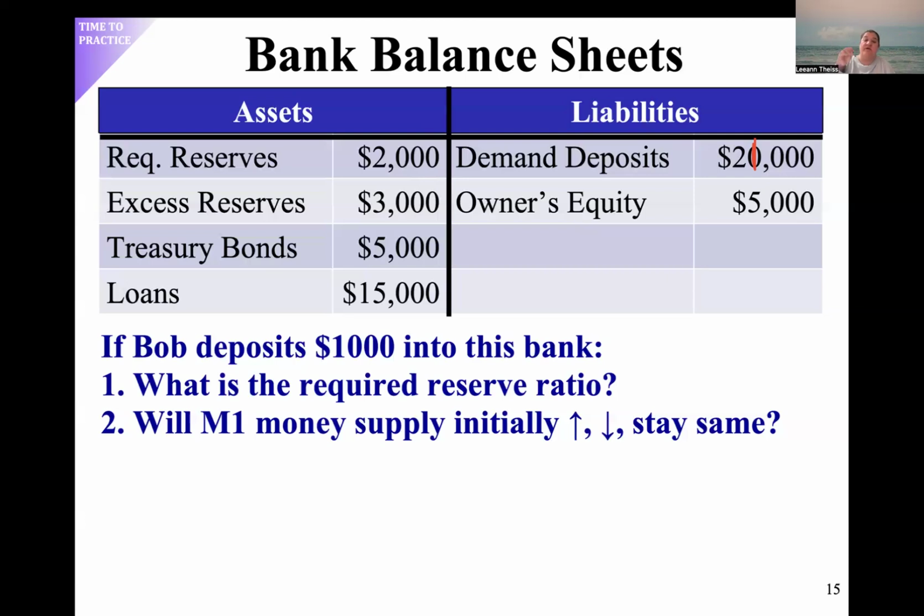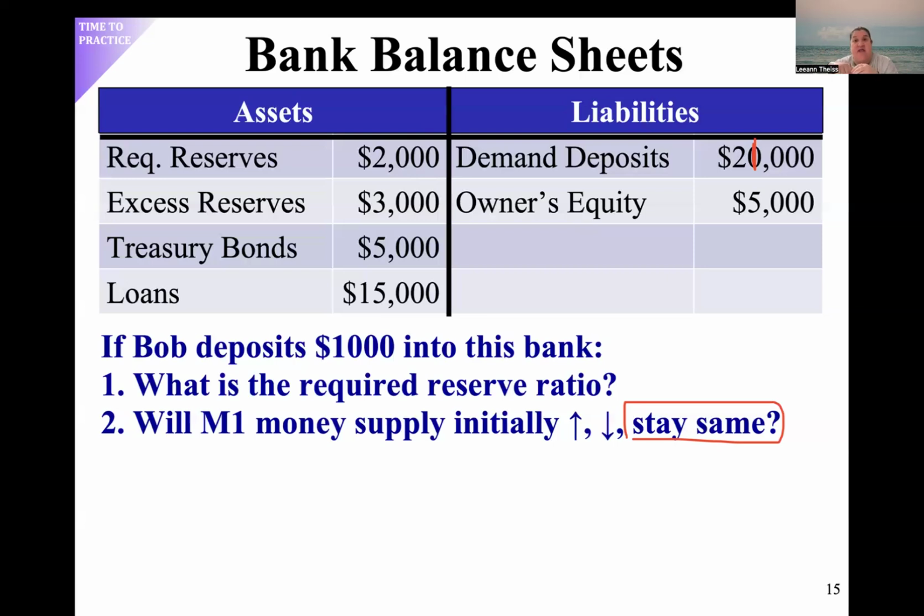Okay, so will the M1 money supply initially go up, go down, or stay the same? This is kind of a trick question. It's going to stay the same because $1,000 in my pocket and $1,000 deposited into my bank account, it's still the same pot of money. It's still coming from the same bowl, if you will.